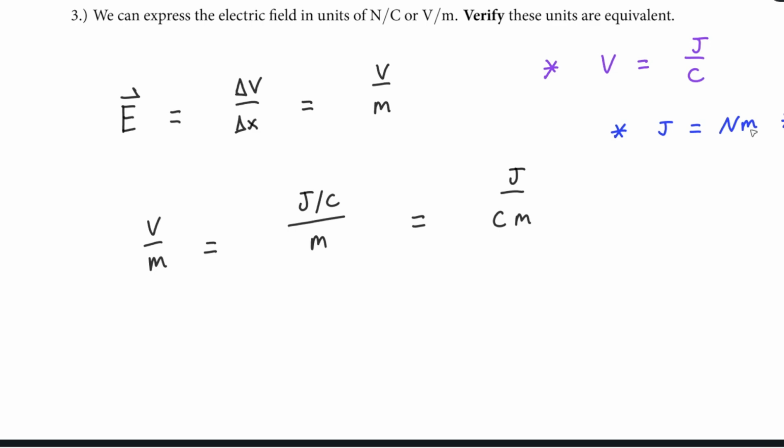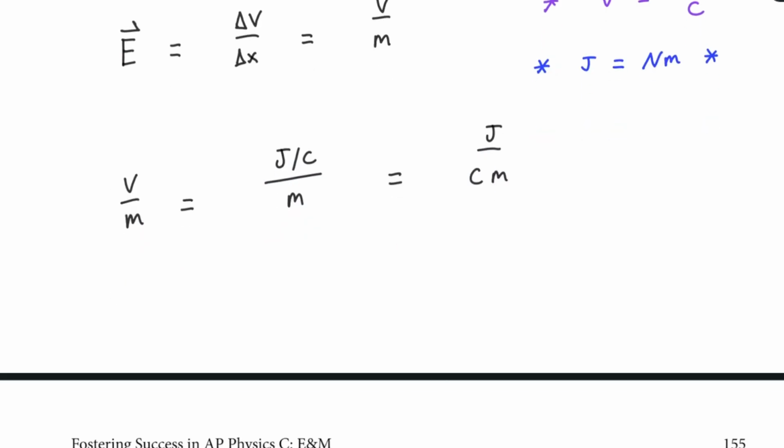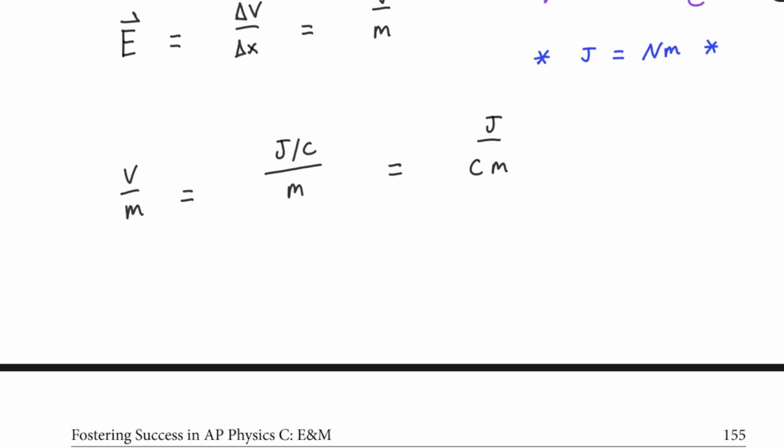So this allows us to go ahead and make that substitution, that a joule is a newton meter, so we get newtons times meters over coulomb times meters, and we see that the meters cancel. So we get a newton per coulomb.